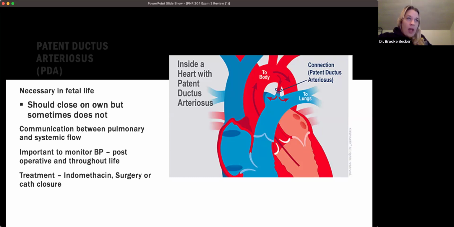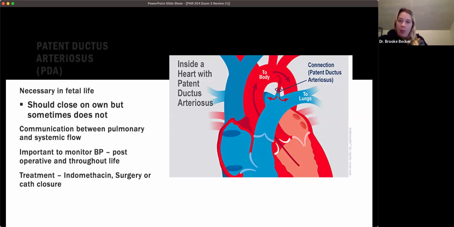But at times it doesn't close up. Then they have to utilize indomethacin, and that closes the PDA up. Or if they try indomethacin and that's not helpful, then they have to do surgery. This is also an acyanotic lesion.